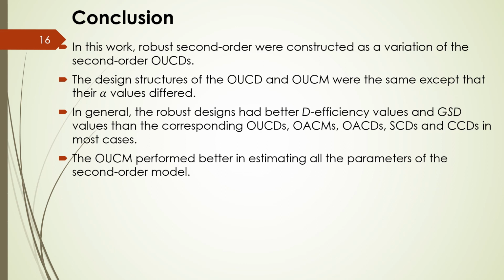In general, the robust design had better D efficiency values and generalized scale deviation values than the corresponding OUCD, orthogonal array composite minimax loss designs, small composite design, and central composite design in most of the cases. Generally, the OUCM performs better in estimating all the parameters of the second order model, and thus it should be recommended when studying a design that has missing values.